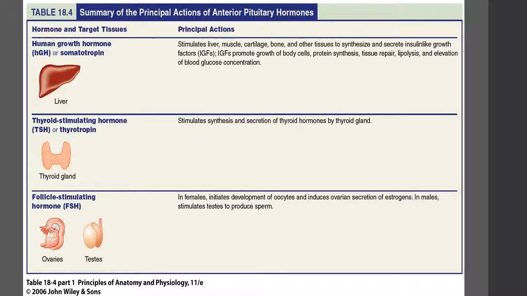I like this particular set of slides because, number one, it goes through all the hormones and their target organs, and it also gives you a good little summary of exactly what each does. So, for example, down there, FSH, the one at the bottom, in females stimulates the development of oocytes and induces ovarian secretion of estrogens, or the signs of heat, and in males stimulates the testes to produce sperm.